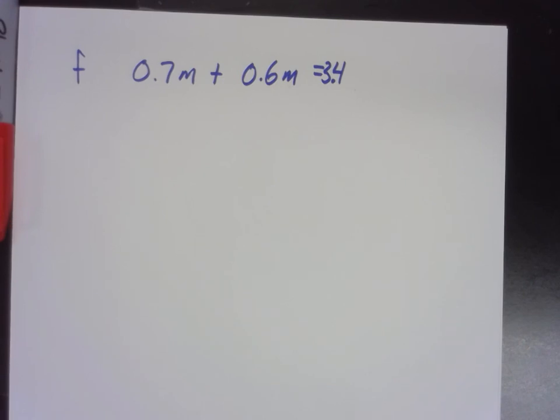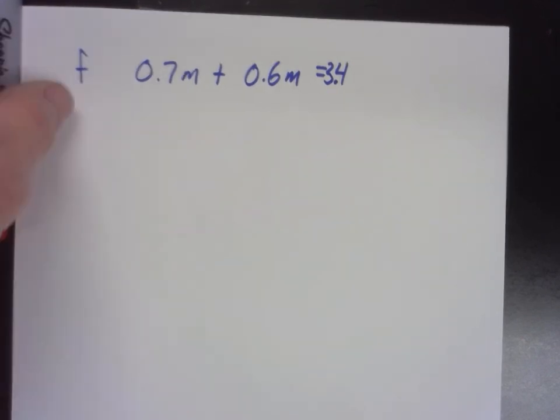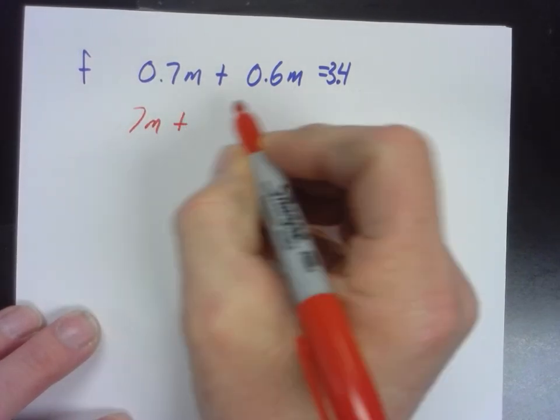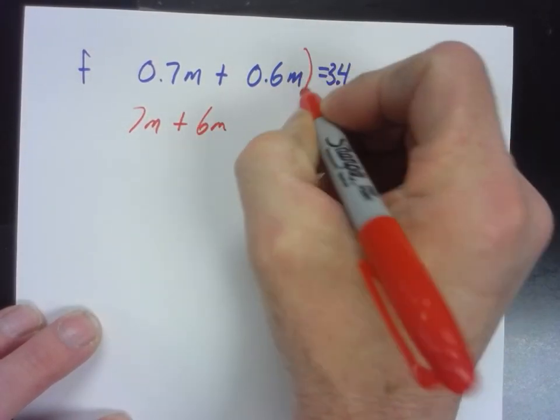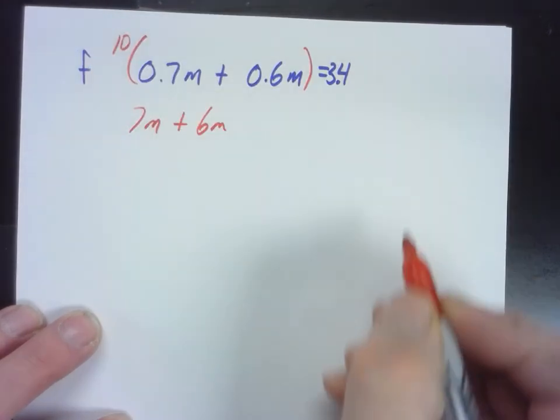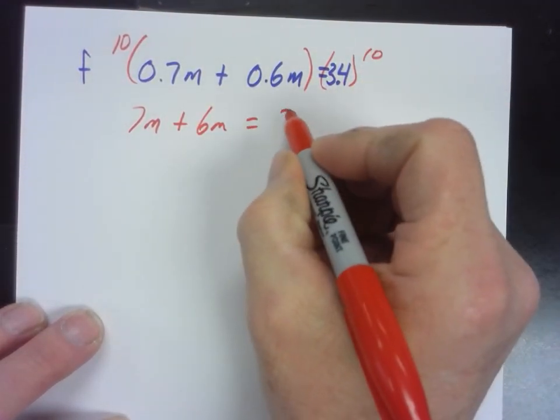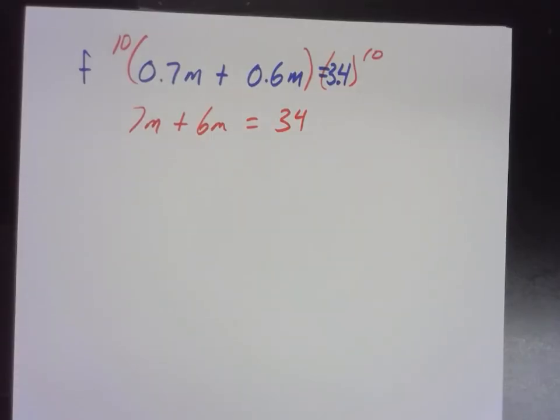Okay, so we multiply everything by 10. That's pretty simple. We end up with 7m plus 6m. So you guys are multiplying this entire side of the equation by 10, right? You multiply it over here by 10 equals 34. Oh, I put 340. Oh, yeah, we've got to do the same thing on both sides.